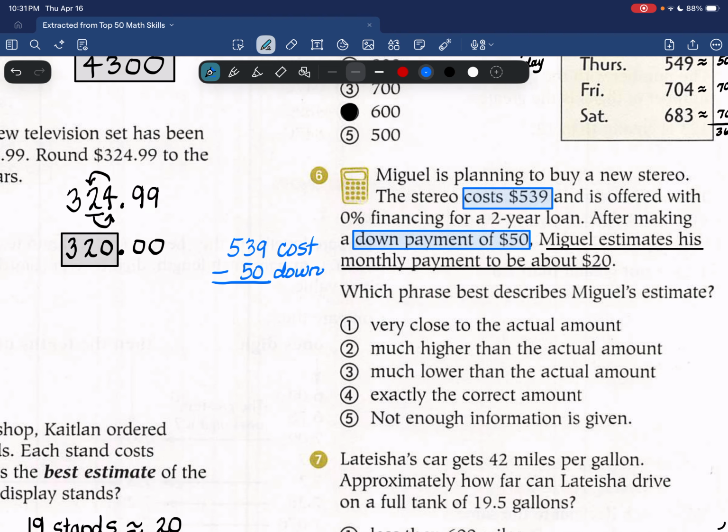You can use your calculators if you want. That would be 9. And then here I would have 13 take away 5 is 8. And 489 is the amount to finance. Now we know that there's 0% interest. That's good to know.